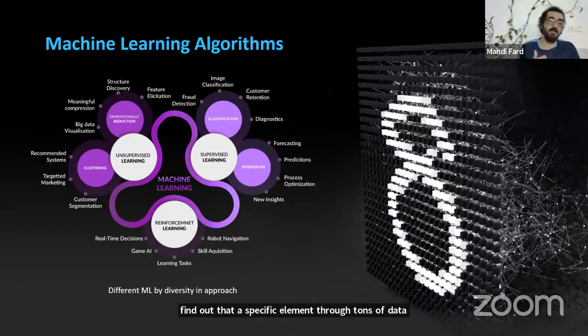And that's what we call unsupervised learning. Without any label, without any hints, the algorithm tries by itself to find the paradigms and patterns among the big data that we have.